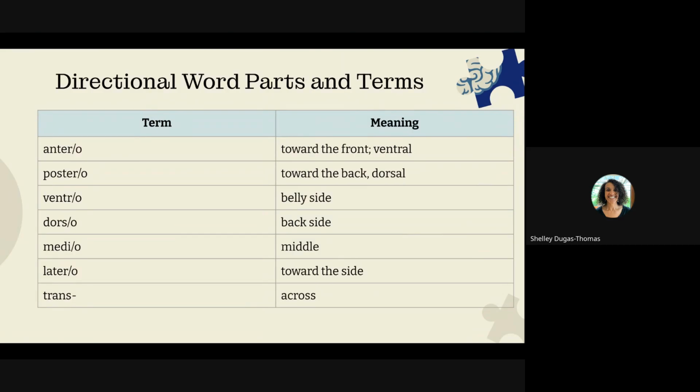These roots and prefixes are your anatomical compass. They allow you to describe exactly where an injury or a symptom is located relative to something else. The key examples are anterior, the front, or posterior, back; medial, which is middle, or lateral, which is toward the side.